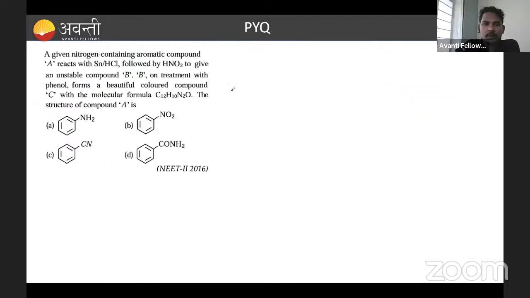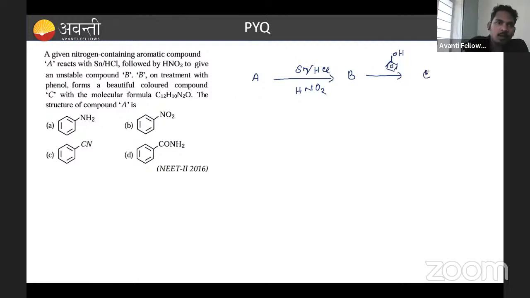Now solve this. Here we are given a nitrogen containing aromatic compound A that reacts with Sn/HCl, followed by HNO2, to give an unstable compound B. B on treating with phenol gives a beautifully colored compound C. That means we come to know this is a coupling reaction following diazotization.